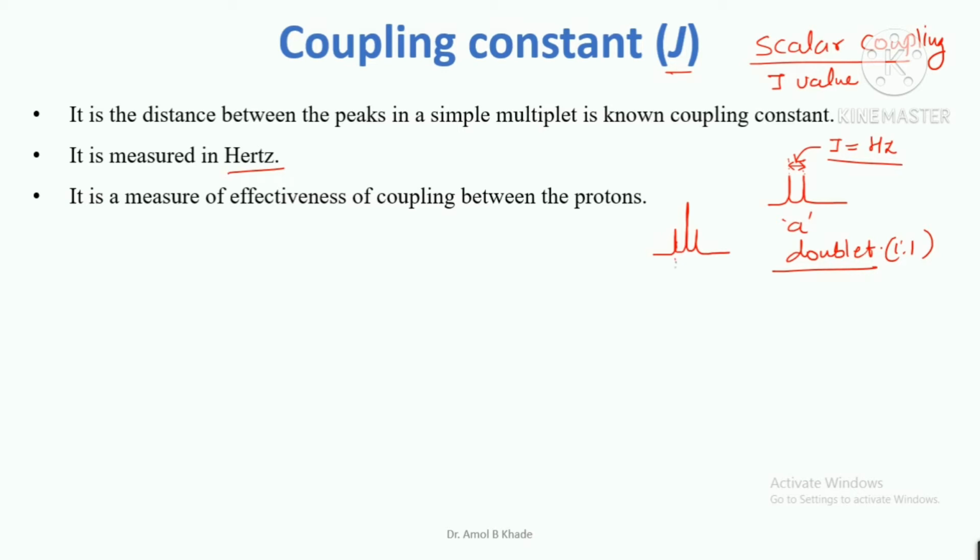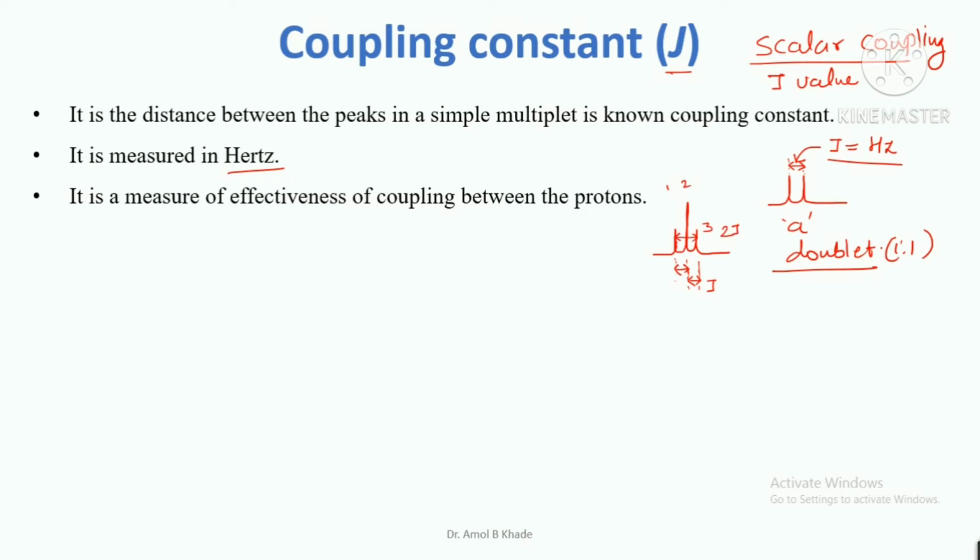So how can we draw it here? This is the J value, between the first line and the second line. Again I can measure the distance between the second line and the third line, and this is also referred to as J. If I want to calculate the distance between the first line and the third line, this entire distance will be 2J.